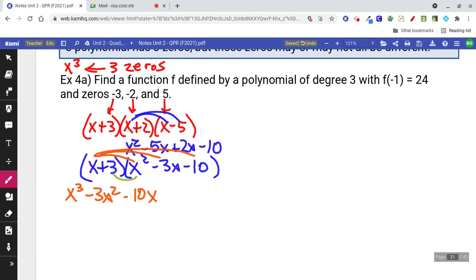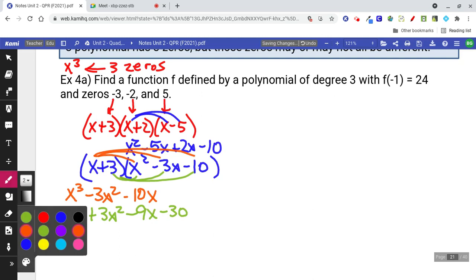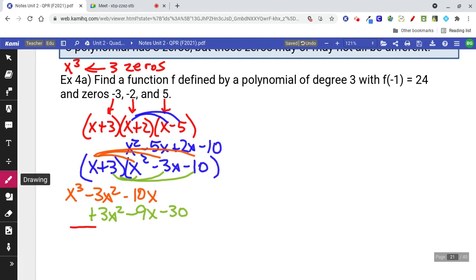And then you're going to distribute the 3. I like to write it like this: plus 3x squared minus 9x minus 30. I like to write it like this because my like terms are lined up. That gives me x cubed. The x squared terms cancel, and so I've got minus 19x minus 30.